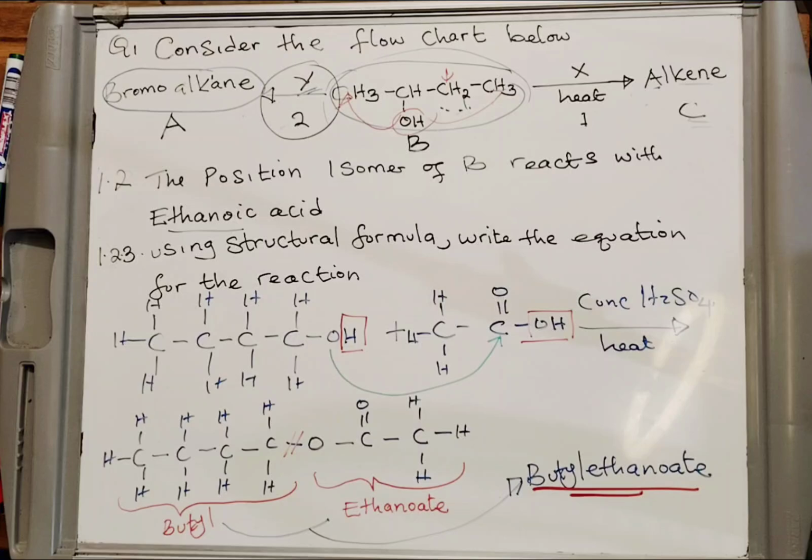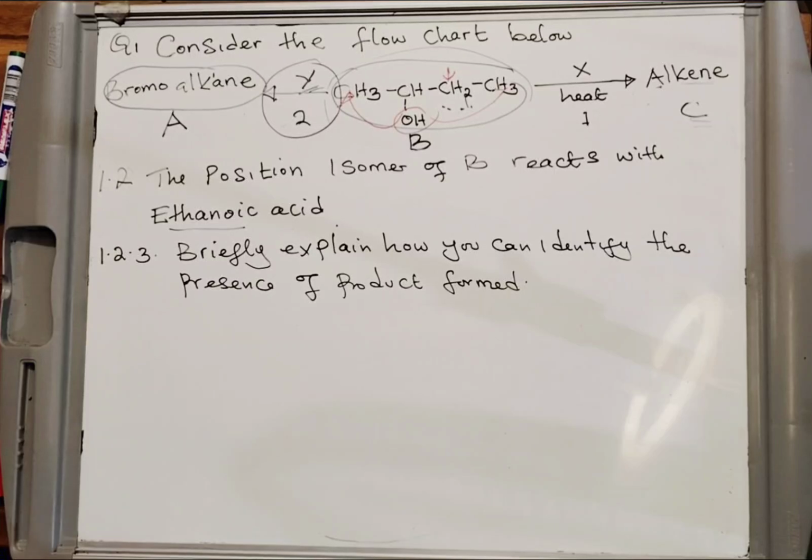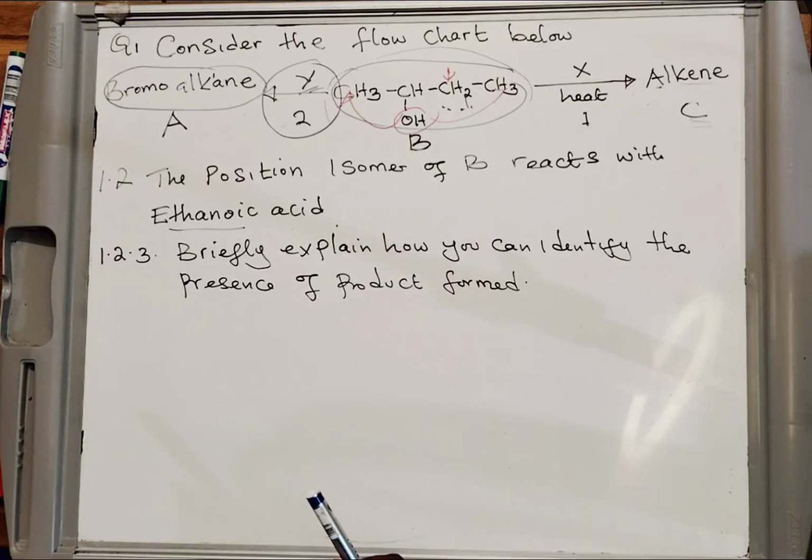That is the ester we have formed. Okay, so let's see what happens. Then when we come to this question, it says, briefly explain how you can identify the presence of the product formed. Well, we saw the reaction is esterification.